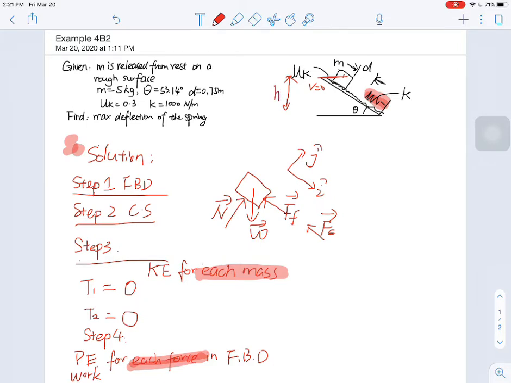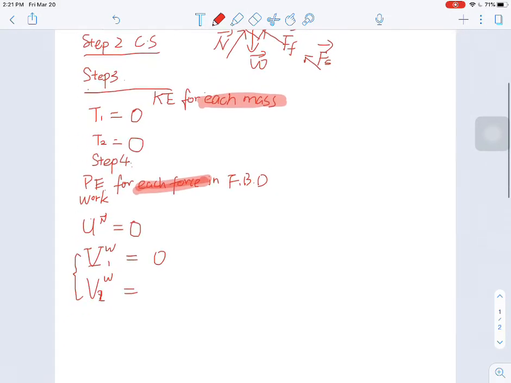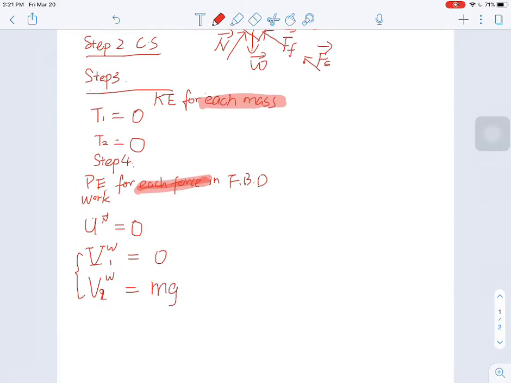Let's just use h. This should be mgh. These two expressions, V1 and V2 from the weight force, represent the potential from the weight force, and you can also call it the work done by the weight force.